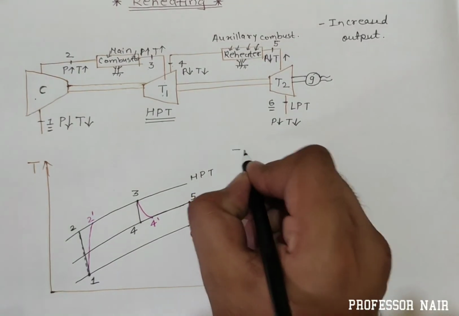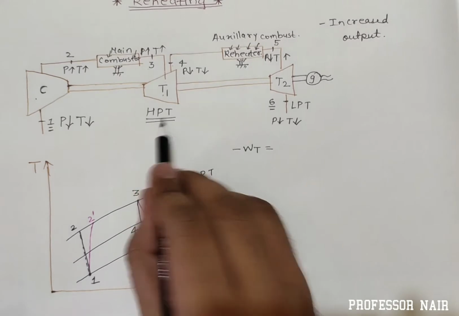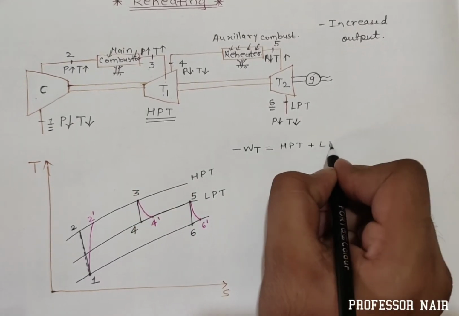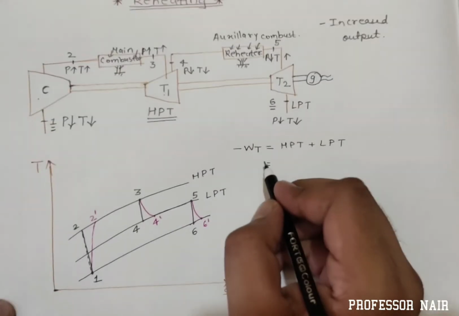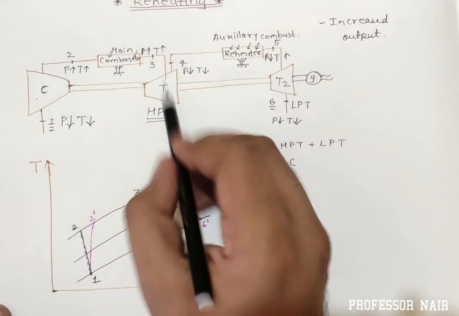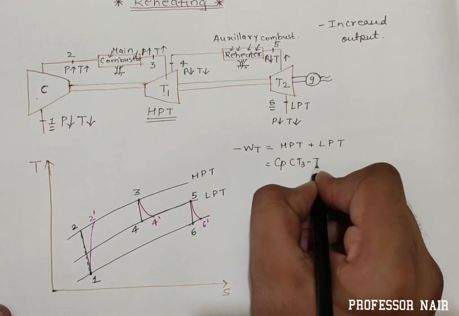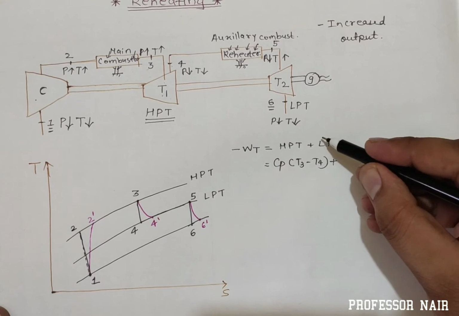So if I solve here the work of turbine. Okay, so work of turbine, it has two turbines, high pressure turbine plus low pressure turbine, correct? So high pressure turbine will be what? Cp delta T. Now 3 minus 4, so I will write here Cp (T3 minus T4) plus low pressure turbine.